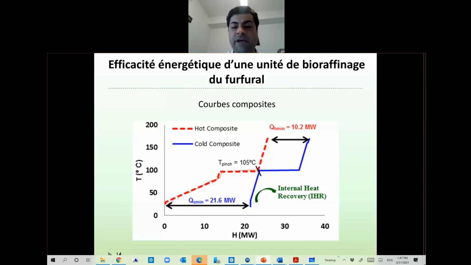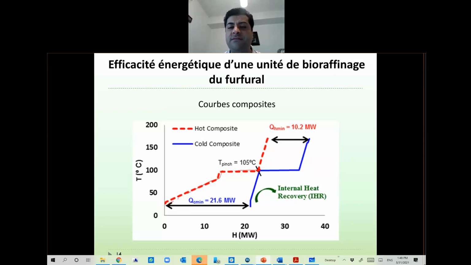If you pay attention to this curve, there is a misleading part, the pinch point, right? This graph shows that the two composite curves are really touching each other. As I said before, this is not possible, as this is associated with infinite size of the heat exchangers.